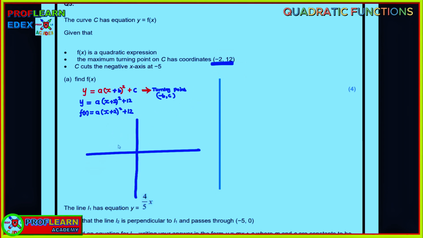The turning point is -2, positive 12. We are having 12 there. And this graph is cutting the, of course, this is the turning point.